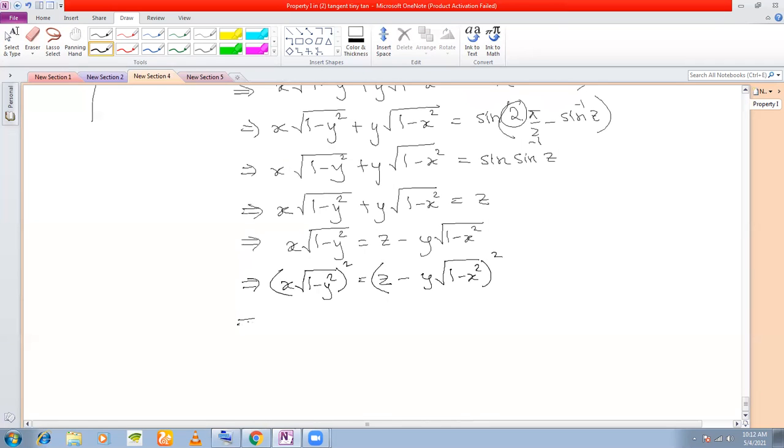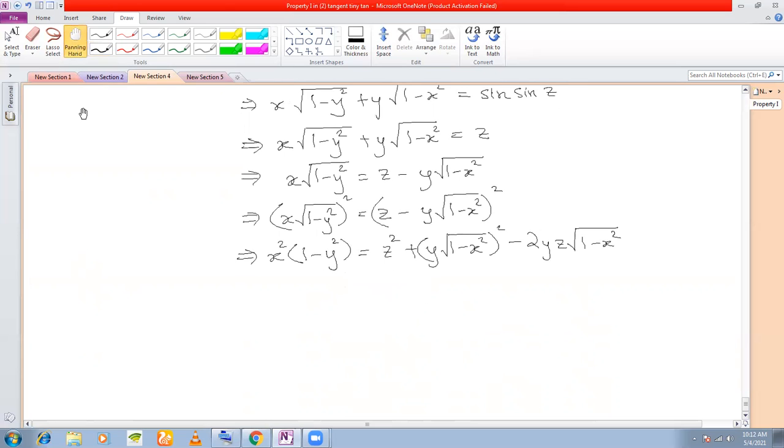When I square both sides, I get x square into 1 minus y square is equal to a square plus b square minus 2ab.